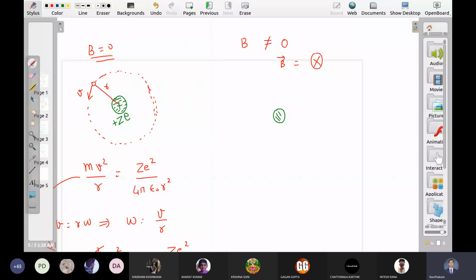This is the positive core, and around this positive core the electron is moving in a circular orbit, right? So this is the electron. Let us assume it is moving in the clockwise direction.